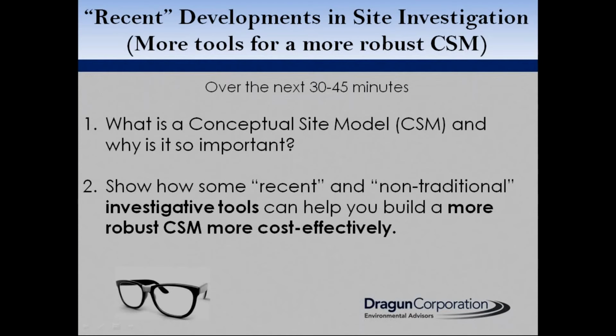What I mean by non-traditional tools are tools that are out there which most consultants won't use. They're a little more specialized. And what I mean by a more robust conceptual site model is one that can stand up to rigorous questioning from regulators and in the court and so on.